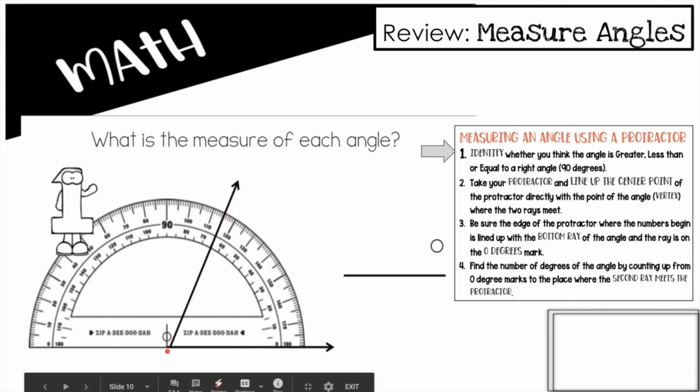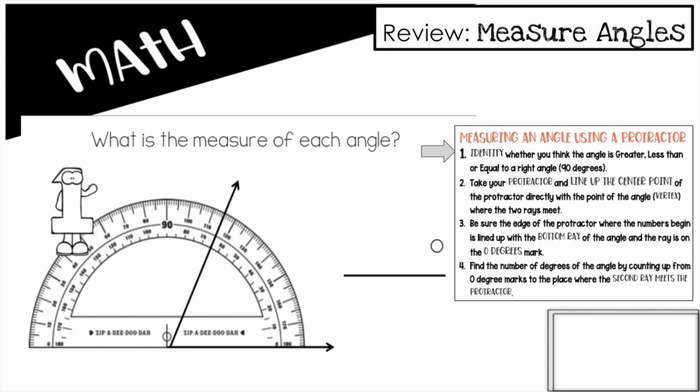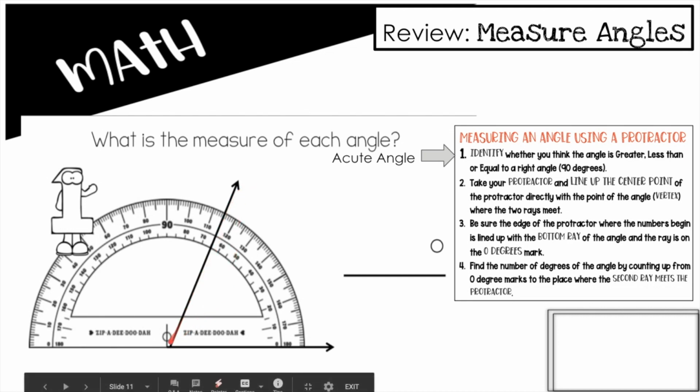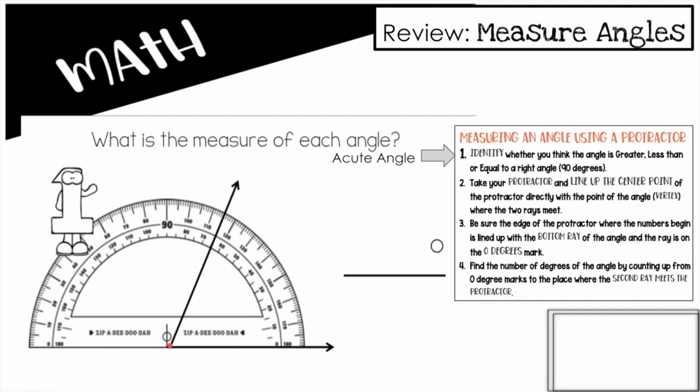And if it's less than 90, what was that vocabulary word that told me what that angle was? An angle that is less than 90 degrees. Go ahead and say it, write it down before I tell you. That angle that is less than 90 degrees is an acute angle. Perfect. Yes, I know that. All right, so we know that this angle is going to be acute. That means it's going to have to be less than 90.